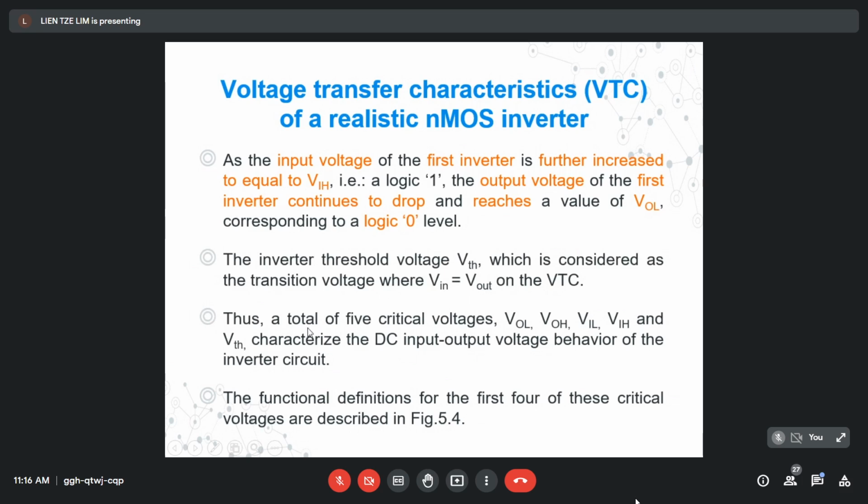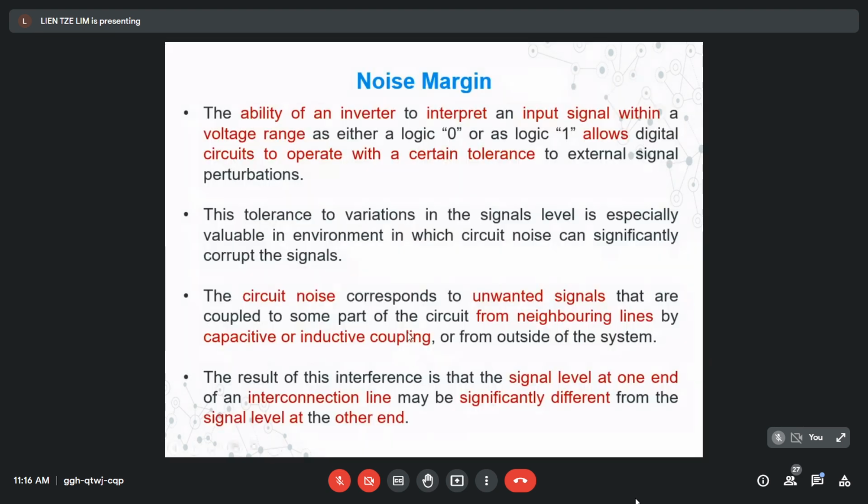There is a total of 5 critical voltages, VOL, VOH, VIL, VIH and VTH, which characterize the DC input-output voltage behavior of the inverter circuit. The functional definitions for the first 4 of these critical voltages are described in figure 5.4. Just now I already showed you figure 5.4.